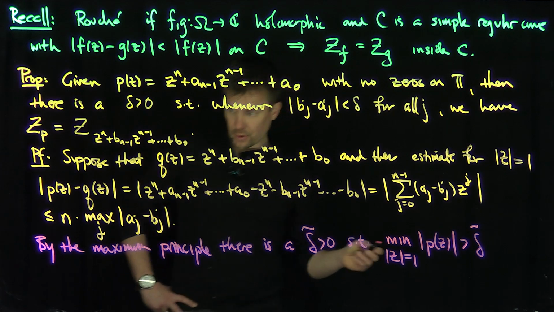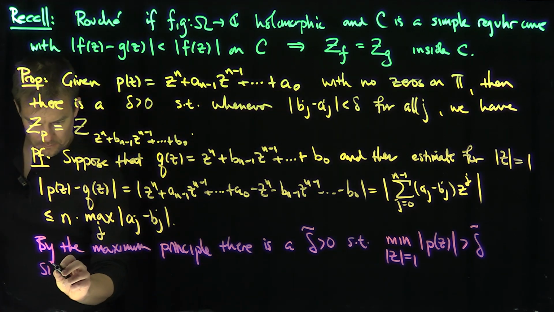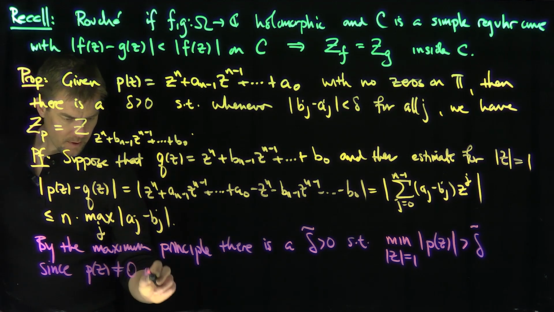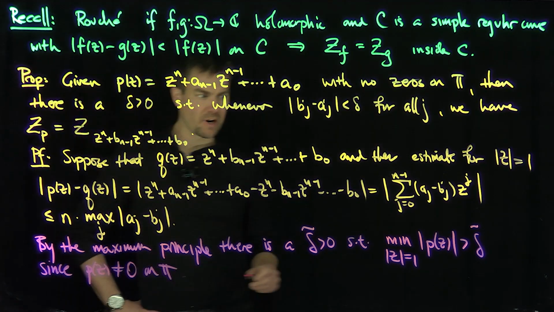Why is that true? This is true since p(z) is not equal to 0 on the circle. That was the assumption of the problem.